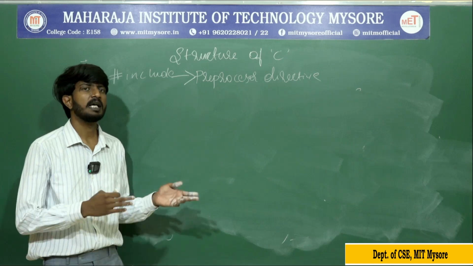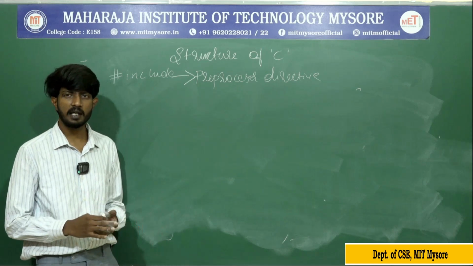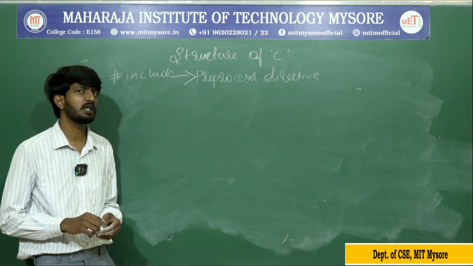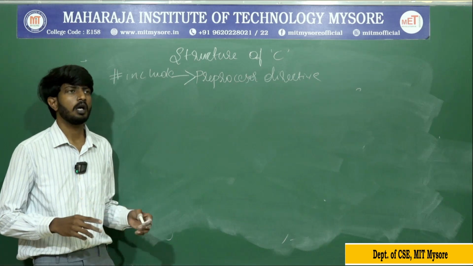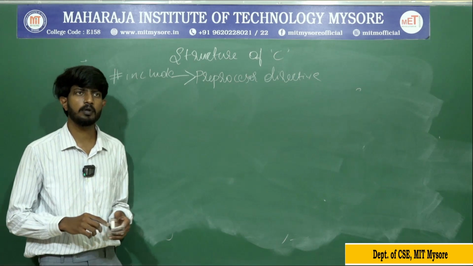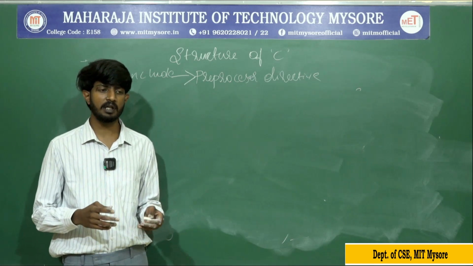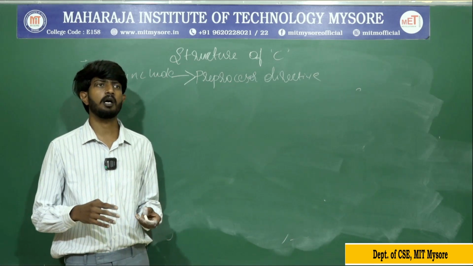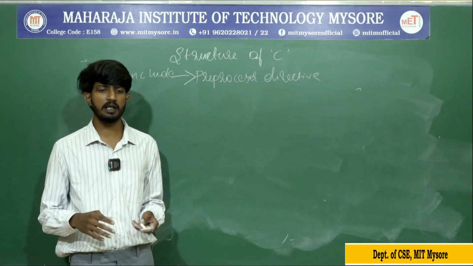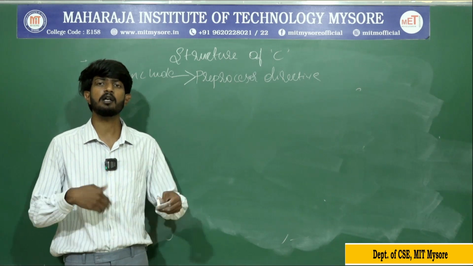It may be stdio, that is standard input output header file, which is used for printf and scanf, that is for taking data from the user and giving data to the user.